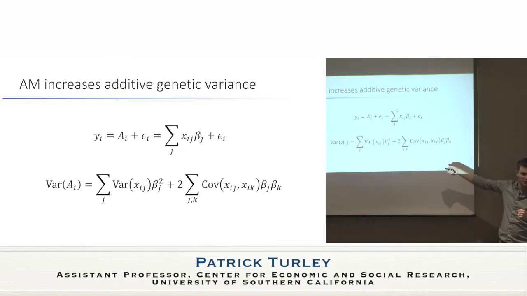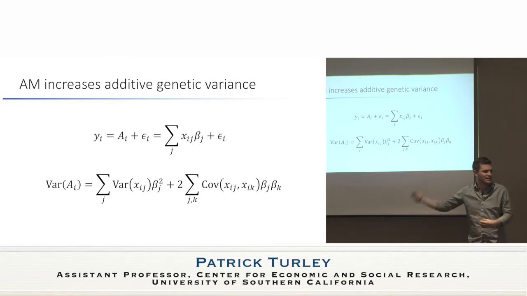And there's J times K, the number of SNPs squared, of these terms in the genome. And so even though these covariances can be very small, once you sum over every pair, this can actually be pretty big. And so assortative mating, even though it has very small effects on things like homozygosity and LD, when we start looking at the additive genetic factor and therefore things like the heritability, it can have big effects. It can have big effects on anything that aggregates these effects over the genome.